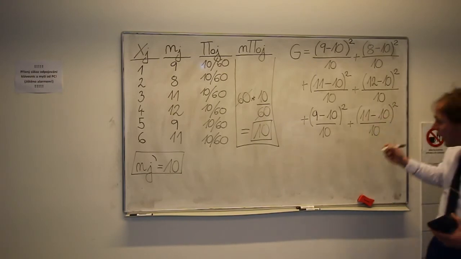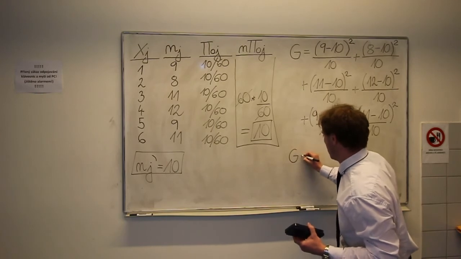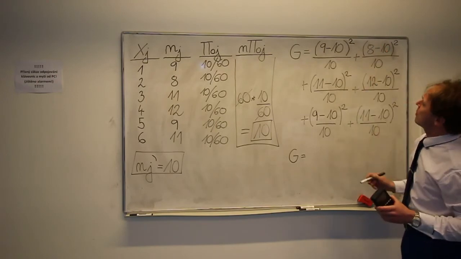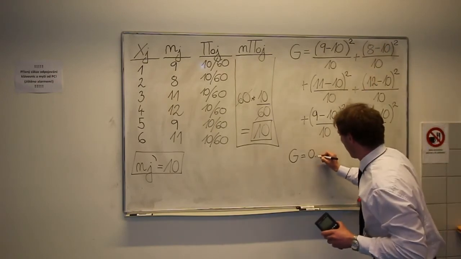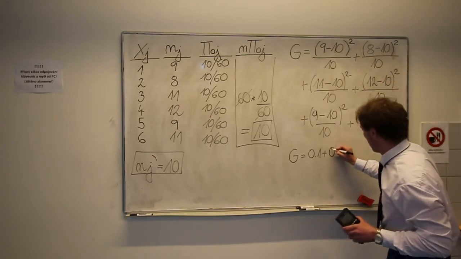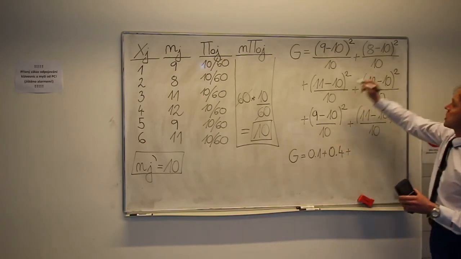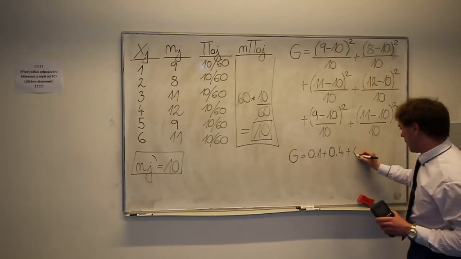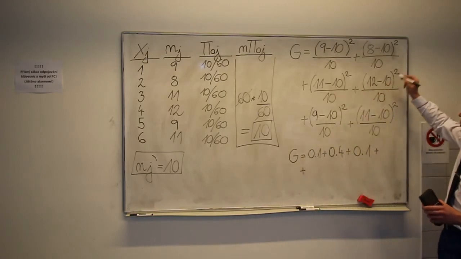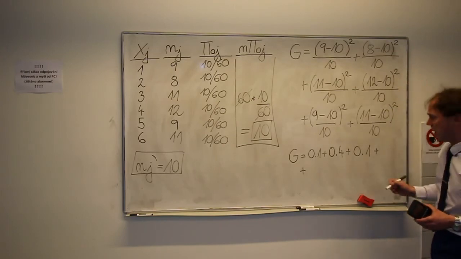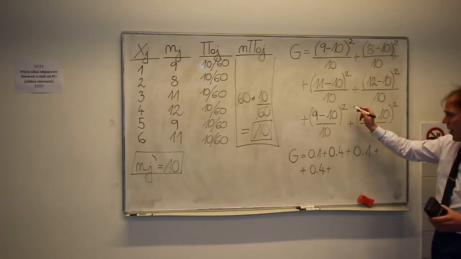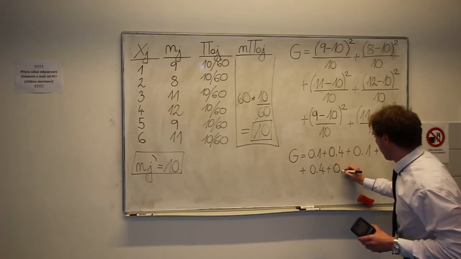Okay, so the value of G will be equal to 1 squared divided by 10 is 0.1, plus 2 squared divided by 10 is 0.4, plus 1 squared divided by 10 is 0.1. Here 2 squared is 4, divided by 10 is 0.4. 1 squared divided by 10 is 0.1.